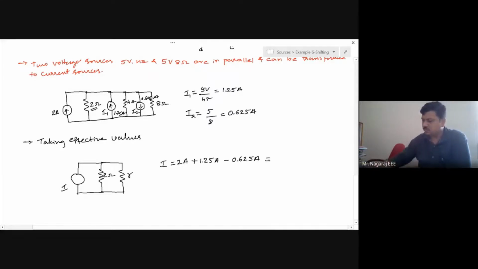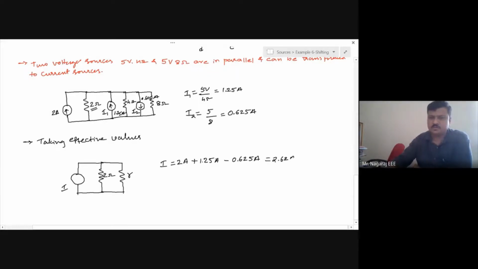So this comes out to be 3.25 minus 0.625, sorry, 2.625 amps.